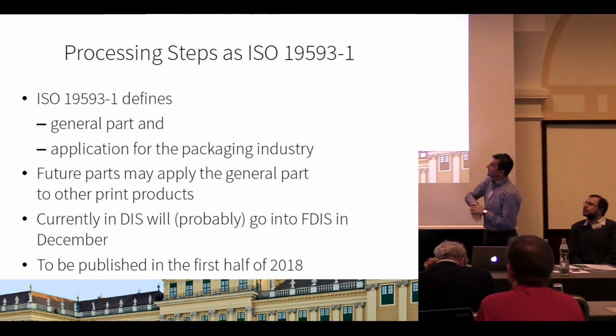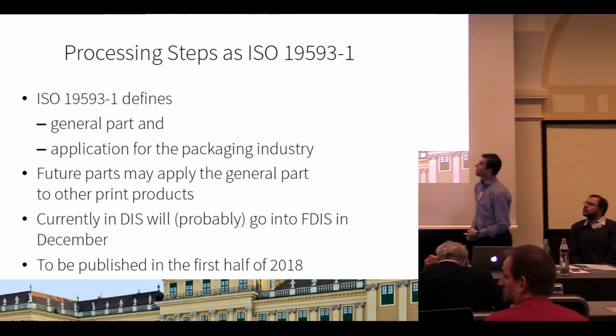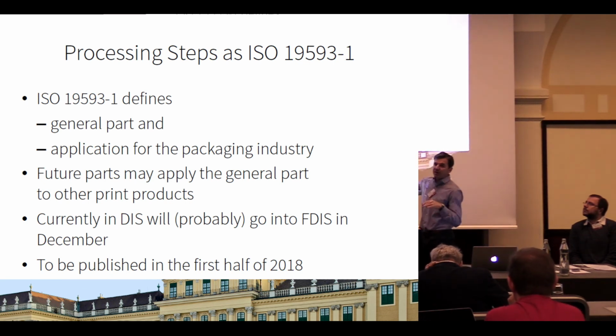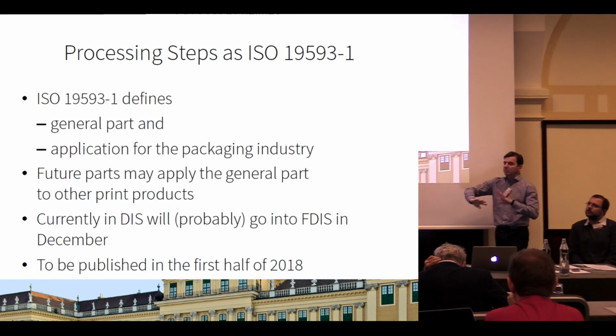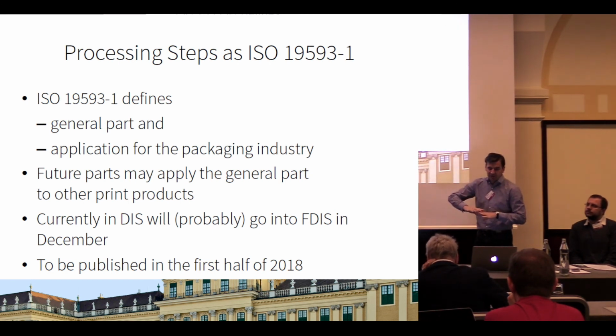And in the ISO standard 19593, there is a general part which defines how this metadata has to be incorporated into the PDF file and what rules are possible between such layers.